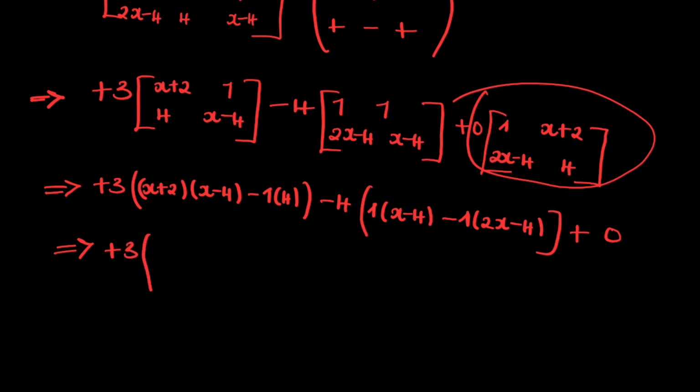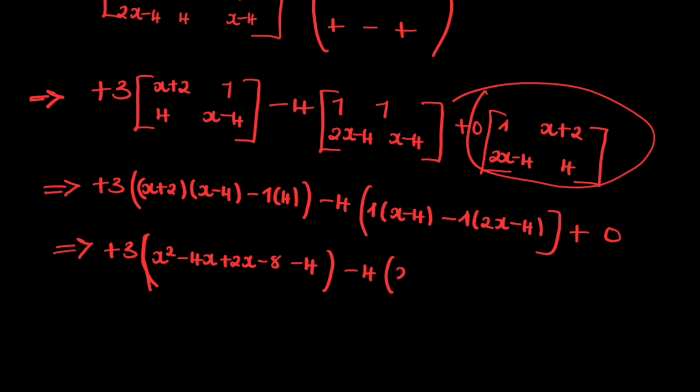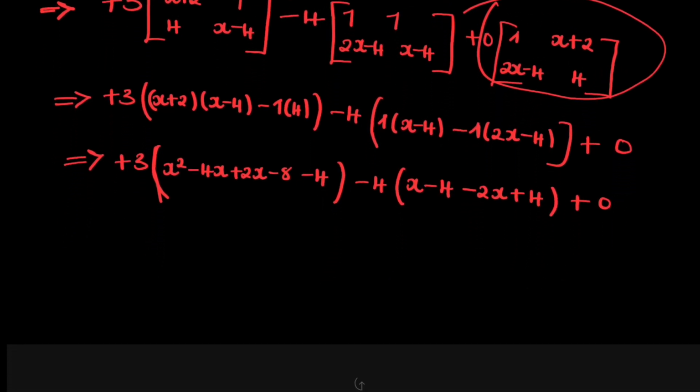Plus 3 into, so let me open the bracket. You have x squared minus 4x plus 2x minus 8, now minus 4. Minus 4 into x minus 4 minus 2x plus 4, now plus 0.